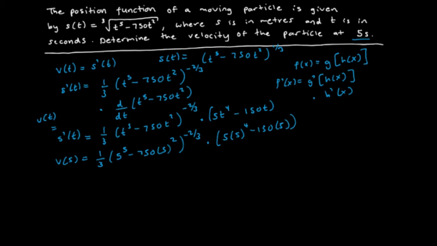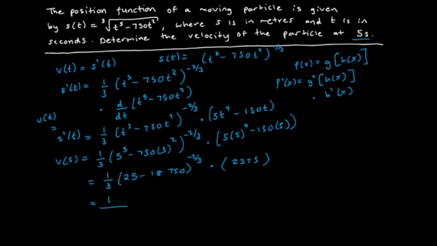Okay, so if you want to crunch this out, this is 1 over 3, this is 5 to the power 5, which is 3,125, minus 750 times 25, which is 18,750, to the power negative 2 over 3, times, in this case, 5 times 5 to the power 4, minus 150 times 5. So the numbers are quite extensive. This is 2,375.